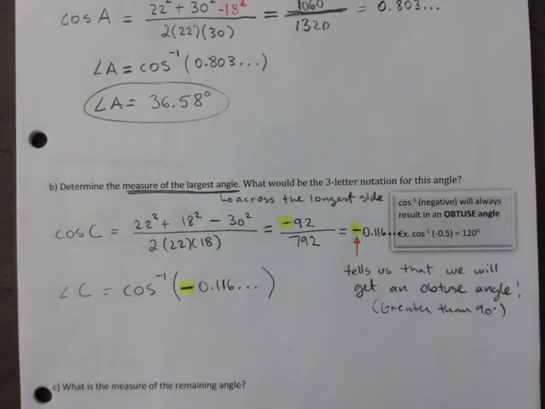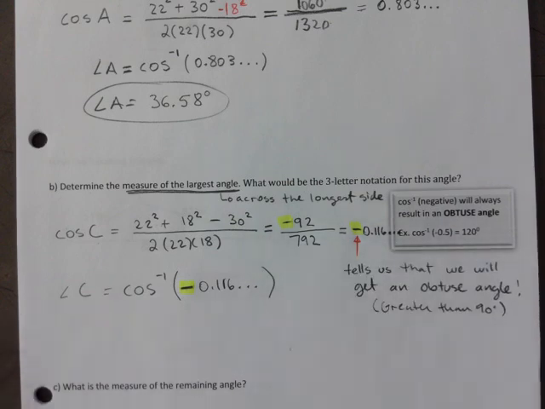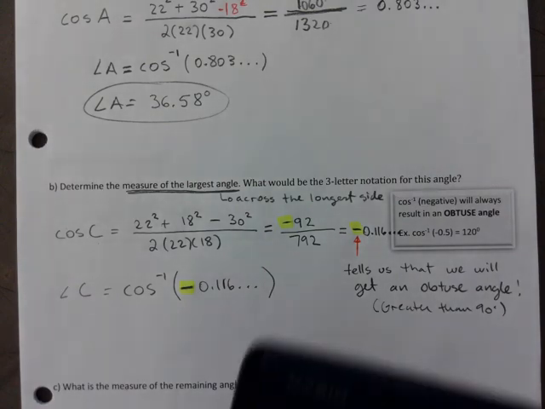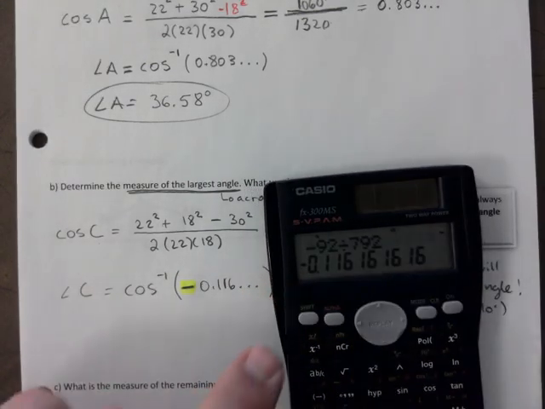Some of you have a plus-minus button at the very bottom of your calculator. Some of you might have to multiply by negative. If you got 0.116, just go times -1, and you get a negative there. But you have to get the negative or else you won't get the answer.